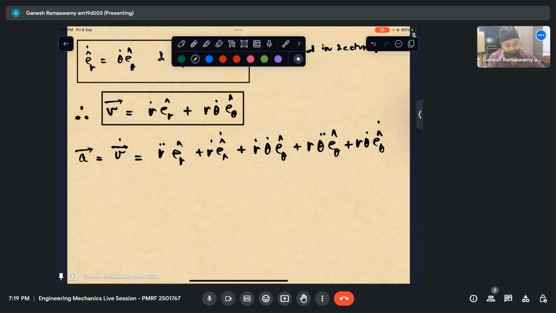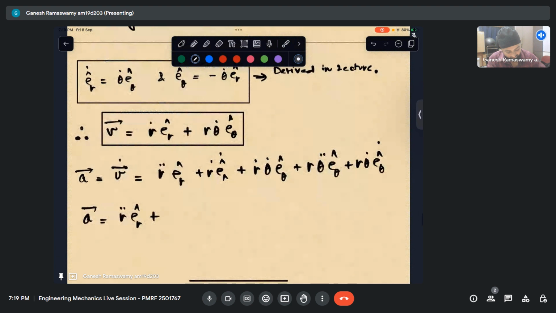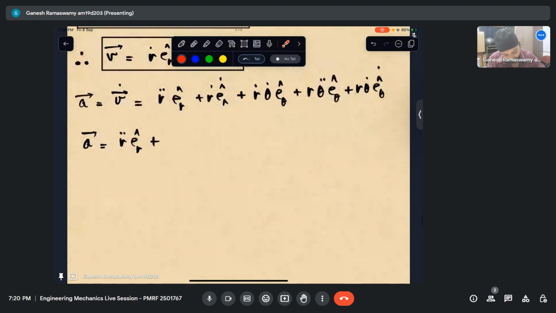So this comes out to be r double dot e_r, and we know this quantity is this. We have written it down, plus r dot theta dot e_theta plus r dot theta dot e_theta.